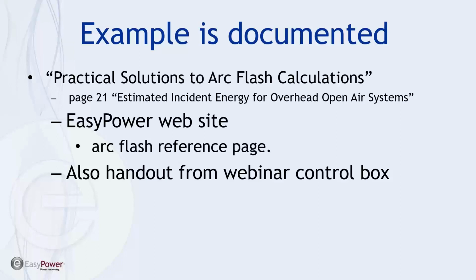To make that applicable to your system, you should use the trip time for a single phase fault and multiply it as a percentage of a second. So if your trip time is 1/10 of a second, then your incident energy will be 1/10 of whatever that heat flux rate lookup is.